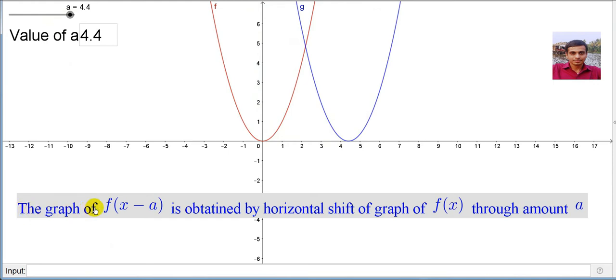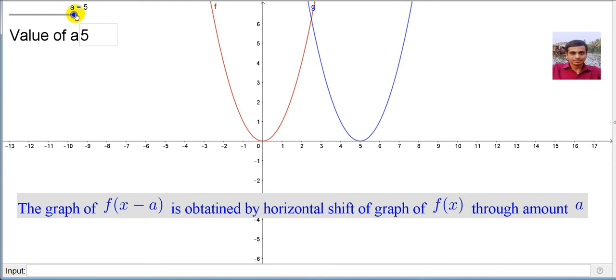The graph of f of x minus a is obtained by horizontal shift of the graph of f(x) through amount a.